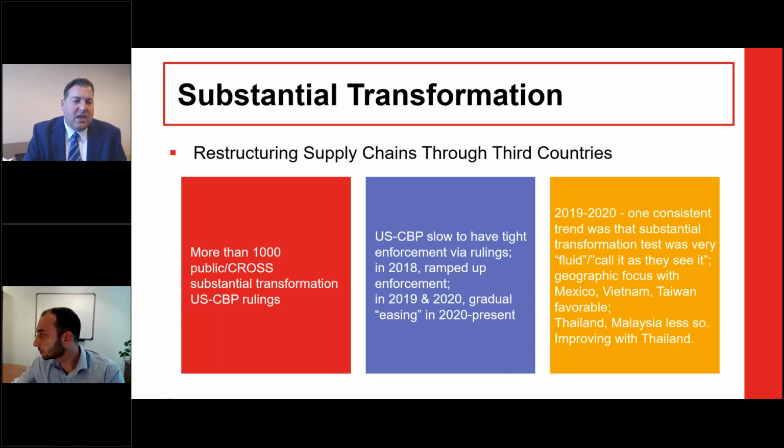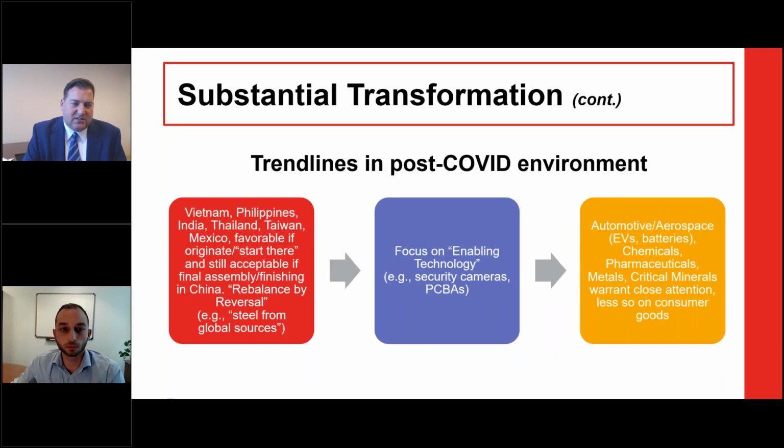Next slide, please. As we sit here today, what we're seeing in terms of trend line, those countries that I just mentioned, Vietnam, Philippines, India, Thailand, Taiwan, Mexico, if the product starts there, that seems to be a trend line. Also, it's not automatic that if it goes to China it gets bounced.